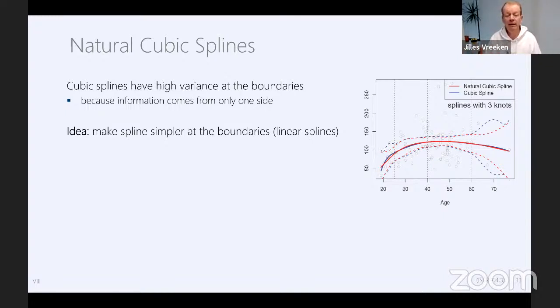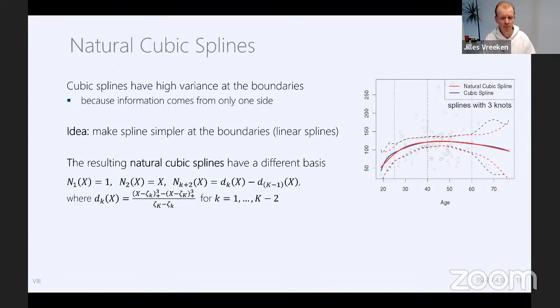And if there really is a more interesting phenomenon to be modeled, then let's add another cut point. So the idea for a natural cubic spline is to use cubic splines within any bin, except for at the edges. There we just use a linear function. And then we will have what we call a natural cubic spline.